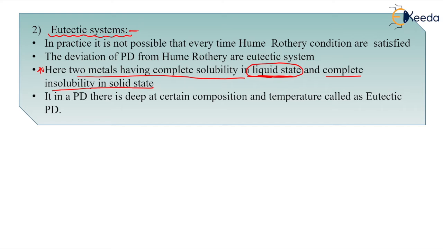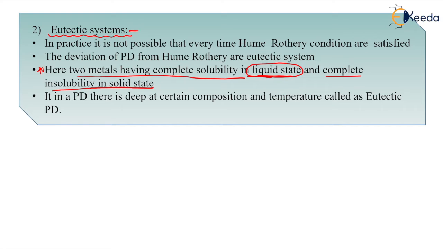So this is actually the eutectic system. What is meant by eutectic? In liquid these two elements A and B are completely soluble, but in solid state they are insoluble. This is the deviation from the regular Hume-Rothery conditions, where solid solubility should be there, but here in solid state they are completely insoluble.